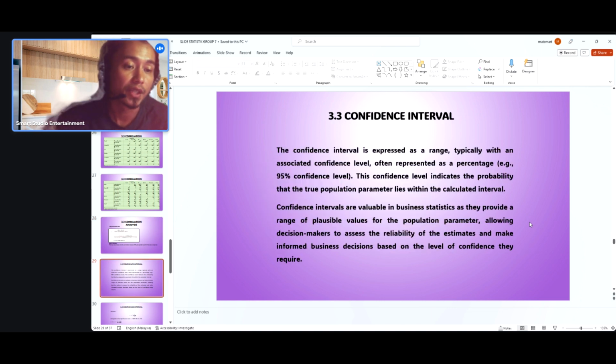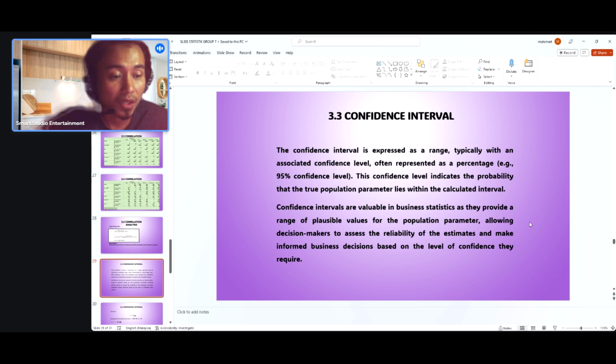Confidence interval. The confidence interval is expressed as a range, typically with an associated confidence level, often represented as a percentage. For example, 95% confidence level. This confidence level indicates the probability that the true population parameter lies within the calculated interval.